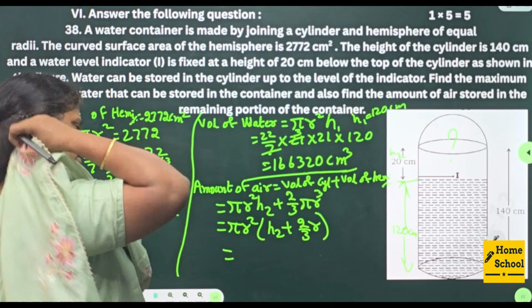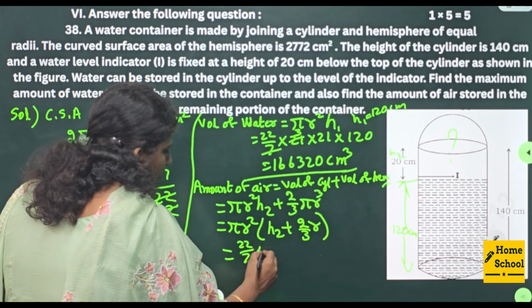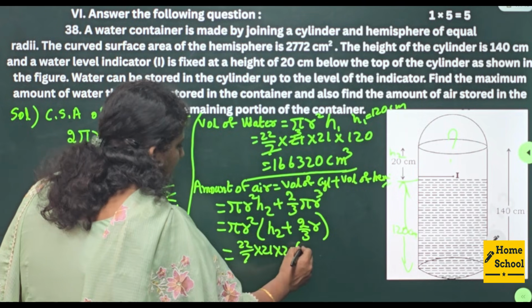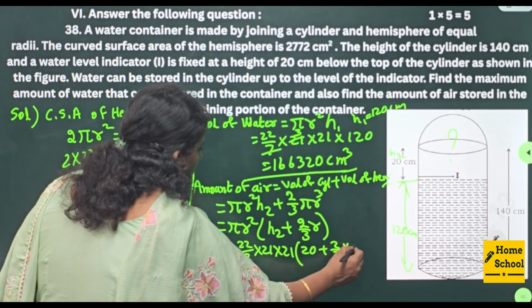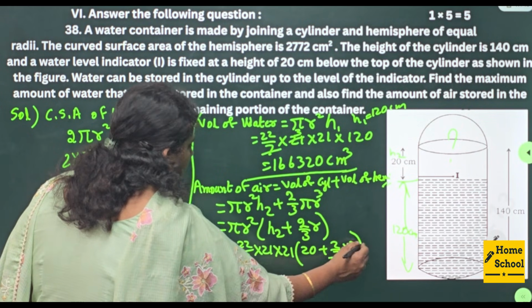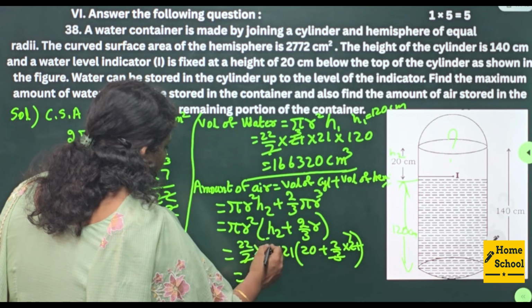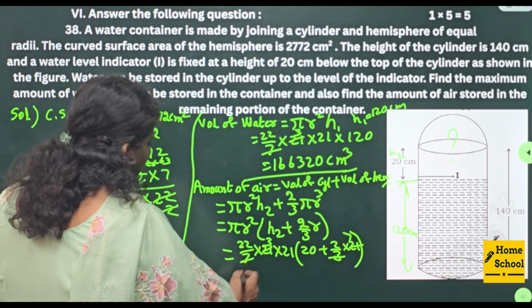Substitute the values. Pi value is 22 by 7 into 21 into 21. Height 20 plus 2 by 3 into 21. 3 sevens. And here 7 threes. 22 into 21 into 3.